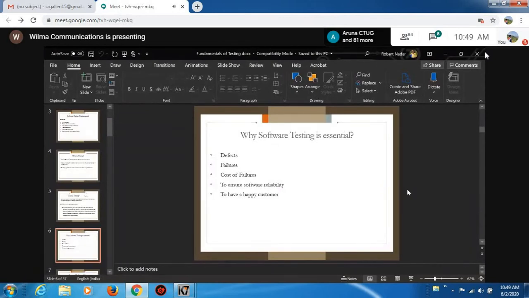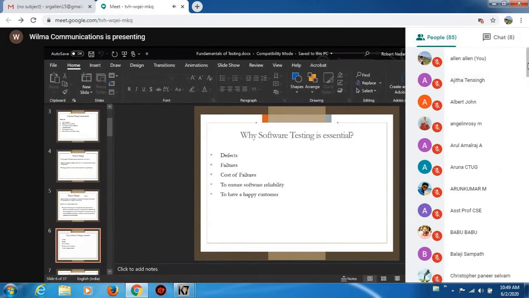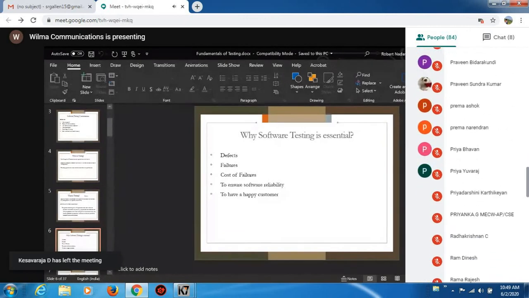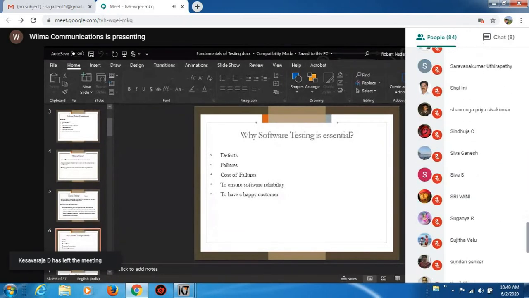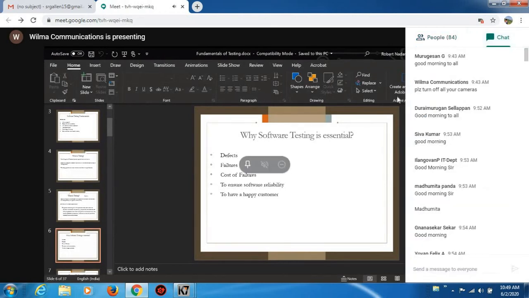Number 3, the third one will be cost of failures. Cost of failure means rework cost. For example, if your product is ready and you have released your application globally, and if something goes wrong, the rework cost will increase.